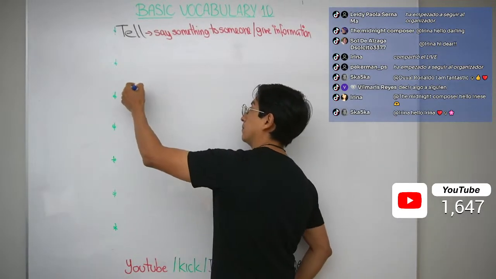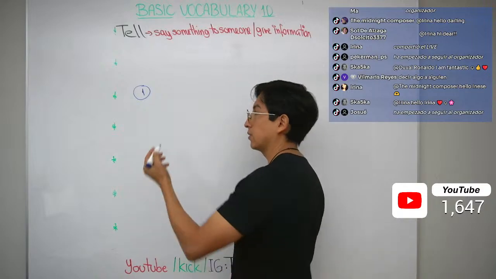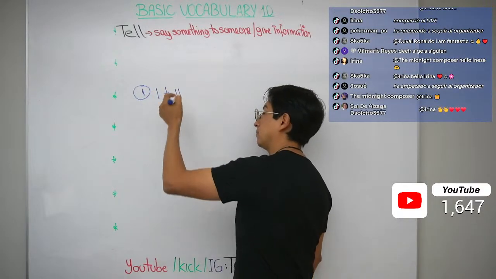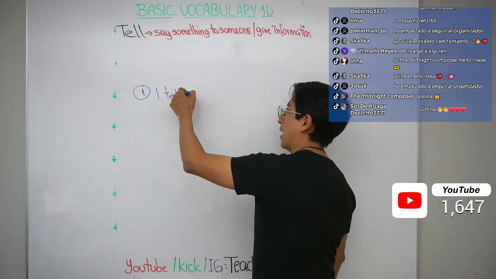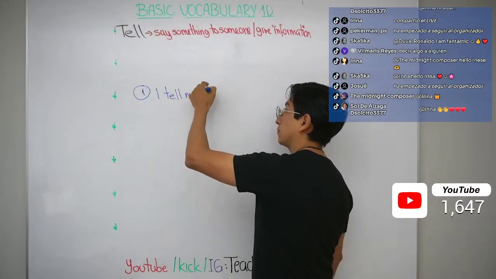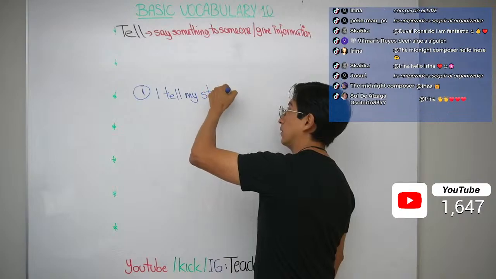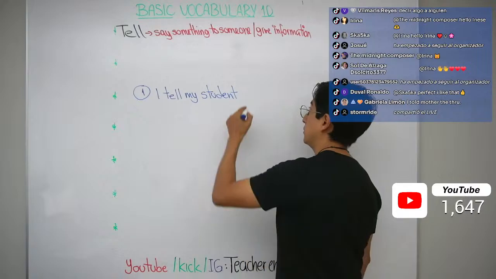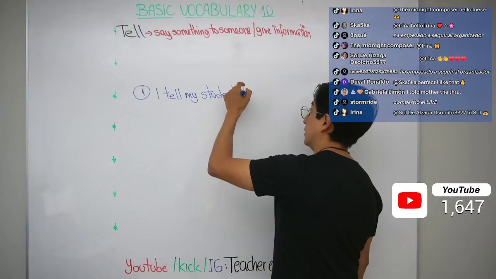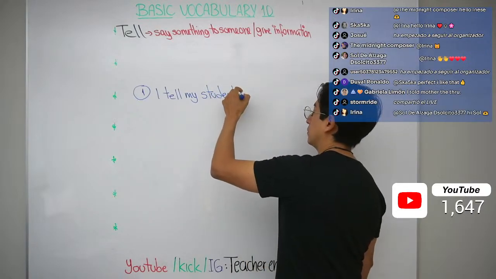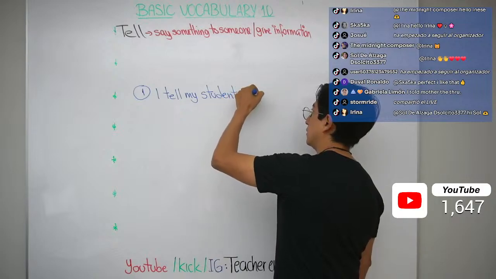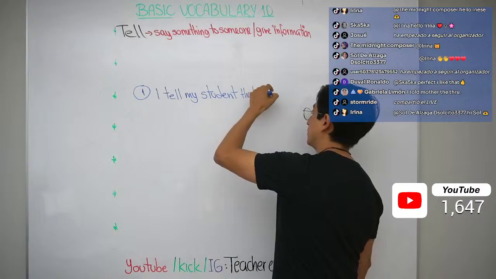Number one, we can say, for example, this: I tell my students stories, or I tell my students that English is easy.